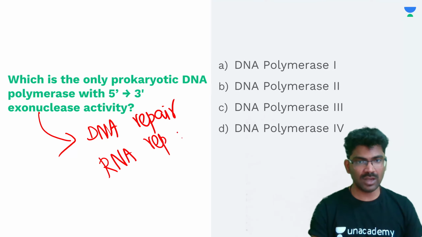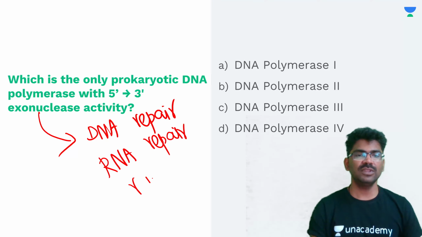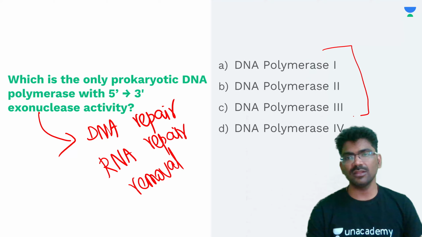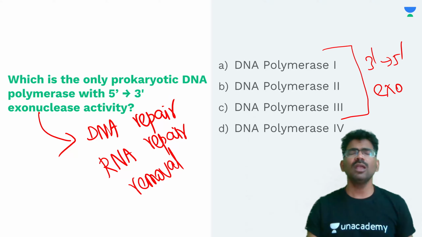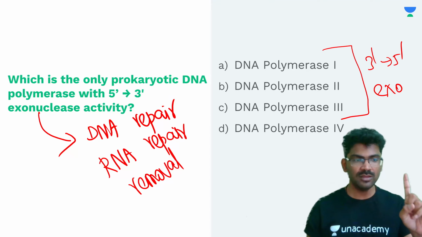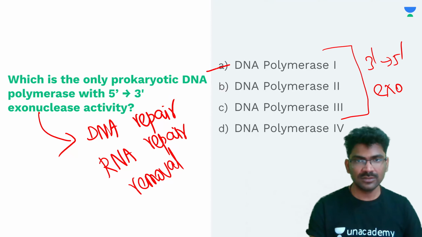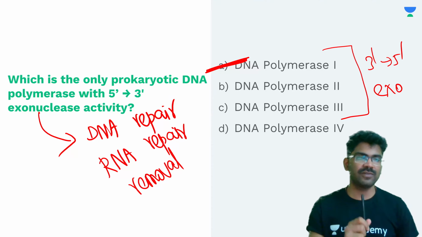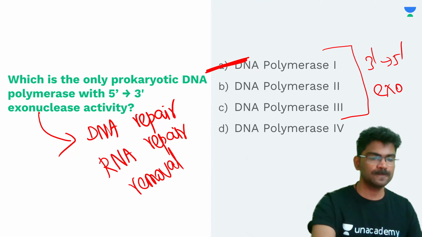So there is only one DNA polymerase with 5' 3' exonuclease. 1, 2, 3, they all have 3' to 5' exonuclease, that is your proofreading activity. But Moksh Sharma, let me change the answer. It is DNA polymerase 1 that only has 5' 3' exonuclease activity.